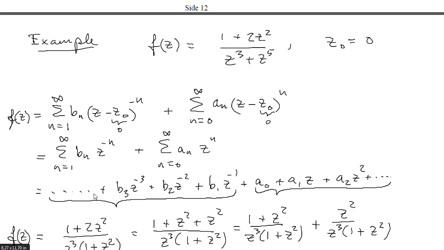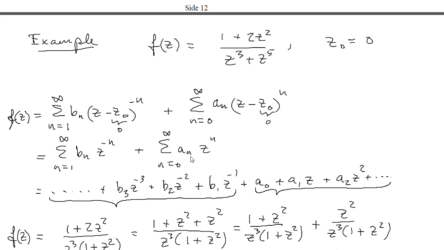And we can write out some terms starting with n equal to 1. We obtain the first term b1 times z to the power of -1. We continue with n equal to 2, then we get b2 times z to the power of -2, and so on. We continue this infinitely many times.